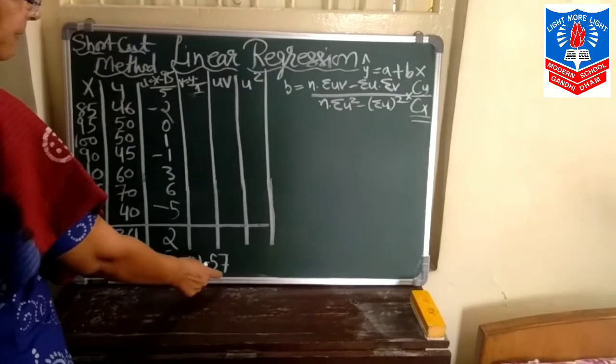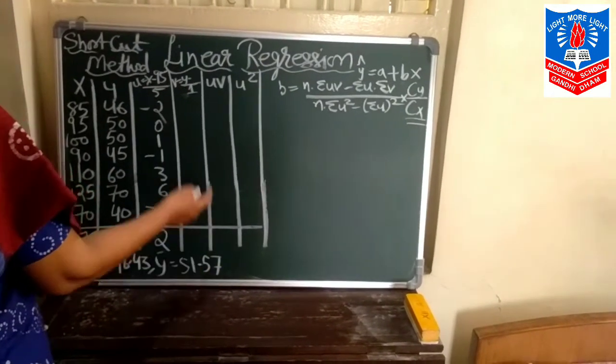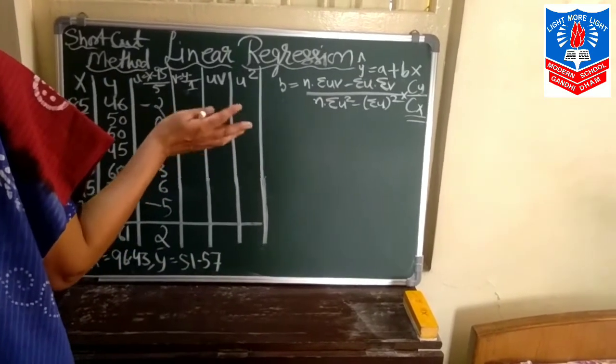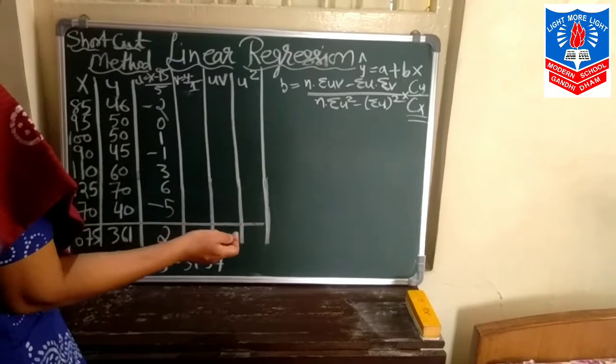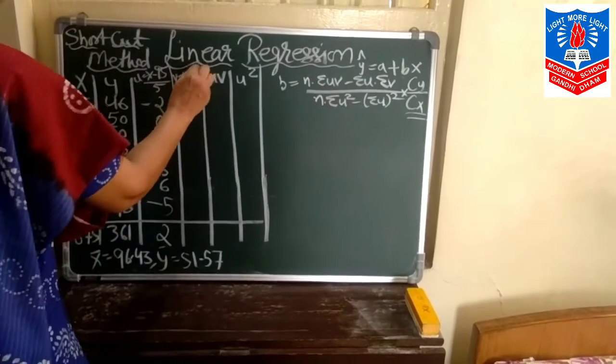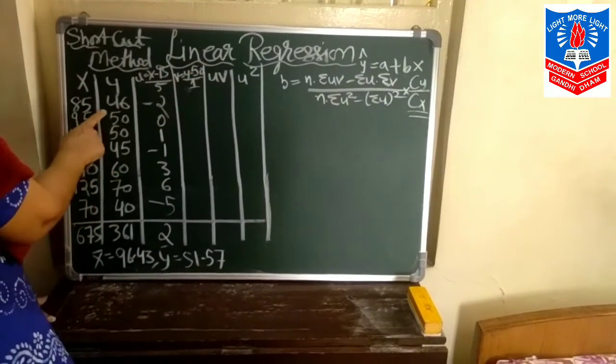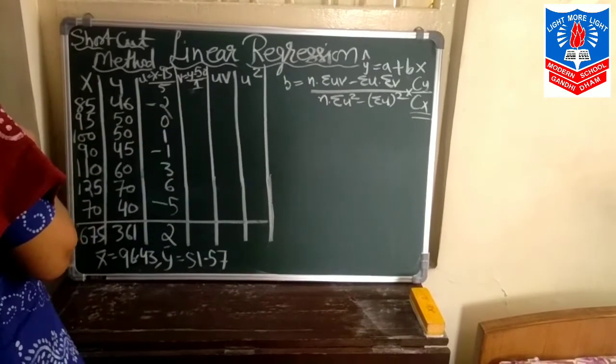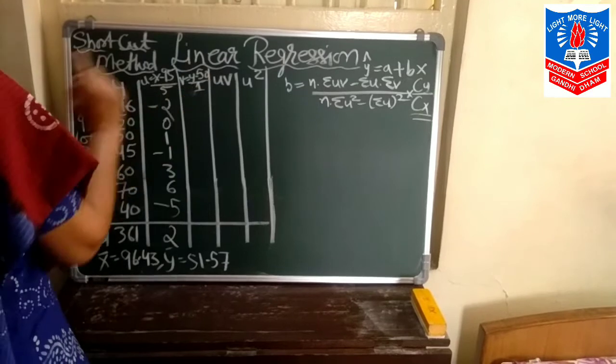While this is 51.57, you can take either 51, 50 or 52. It is your choice, whichever number you want you can take. Now here I am taking 50 because you can see at two places 50 is there, so it will be 0, 0. That's why I have taken 50 here.